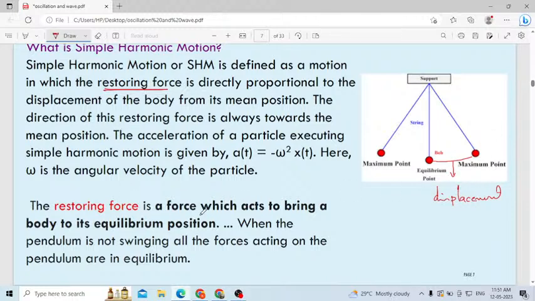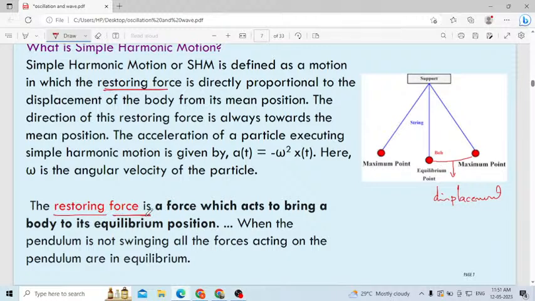Restoring force is a force which acts to bring a body to its equilibrium position. Once the pendulum reaches the extreme position or maximum point, it has to come back to its equilibrium point or mean point. To achieve this, a force is needed, no? That force we will consider as the restoring force.